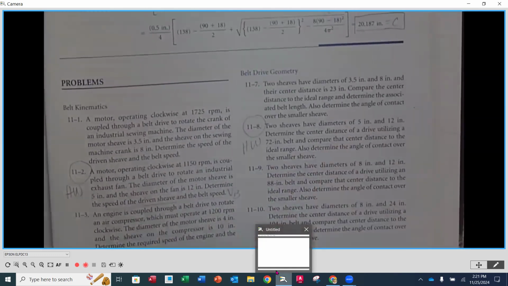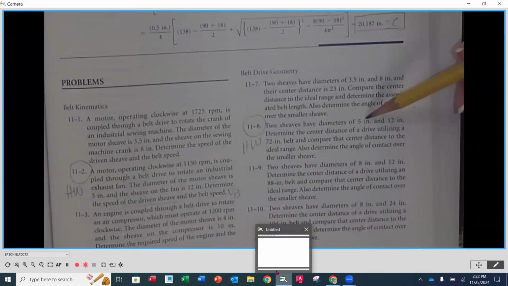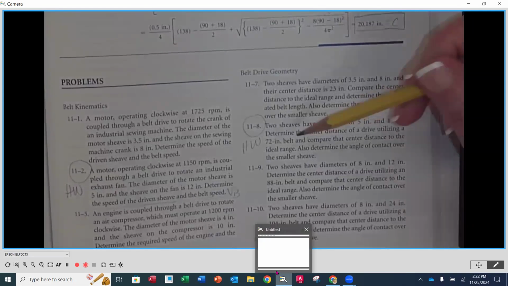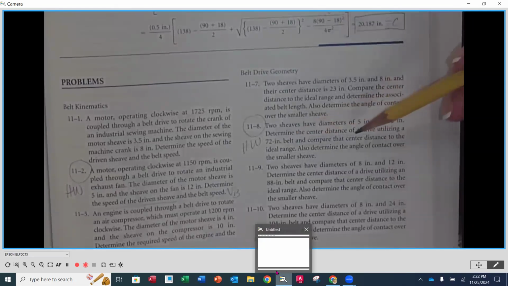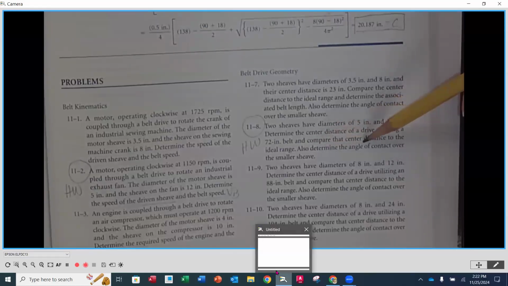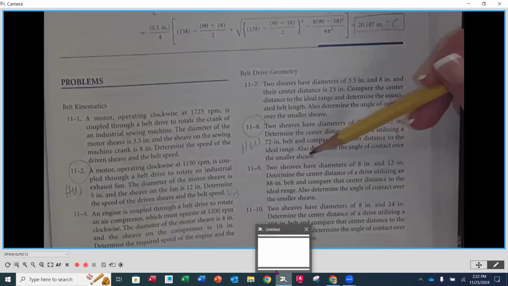11.8: we've got two sheaves with diameters of 5 inches and 12 inches. Determine the center distance of the drive utilizing a 72-inch belt and compare that center distance to the ideal range. Also determine the angle of contact over the smaller sheave.